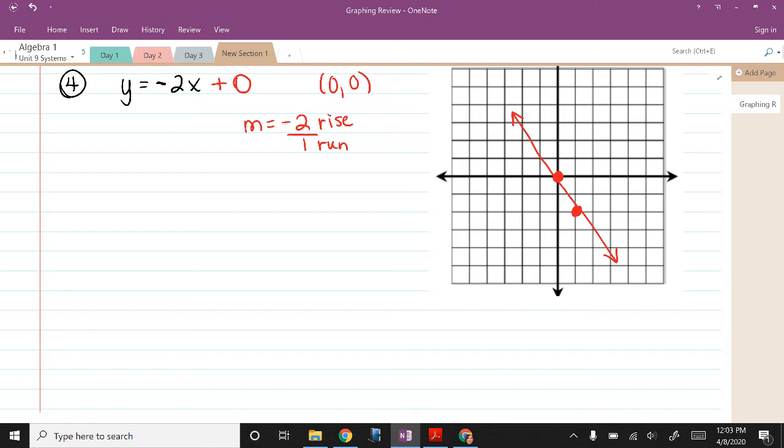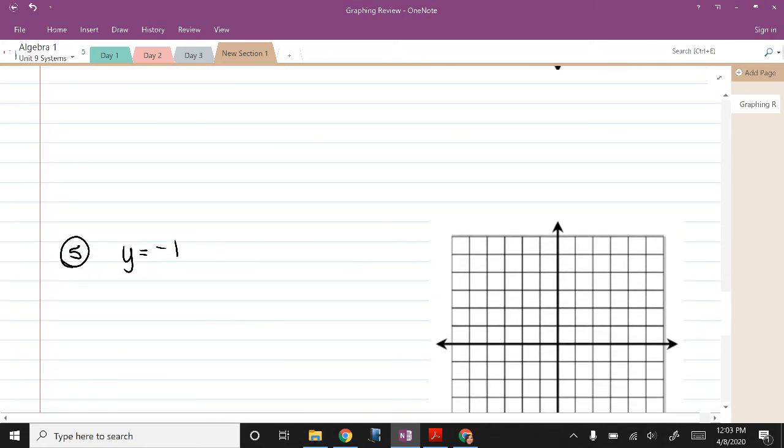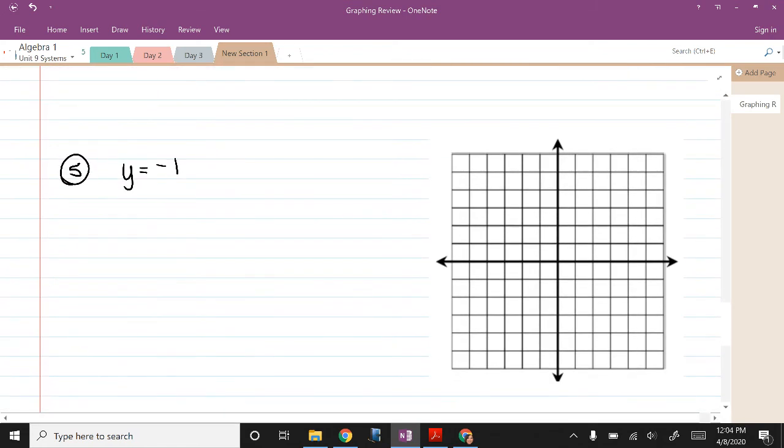Okay, my next special case, and I told you guys a long time ago that you needed to remember what these kind of equations are. So the first one is y equals -1. And I told you guys a long time ago to memorize that when you have y equals a number, that is going to be a horizontal line. Okay, memorize that.